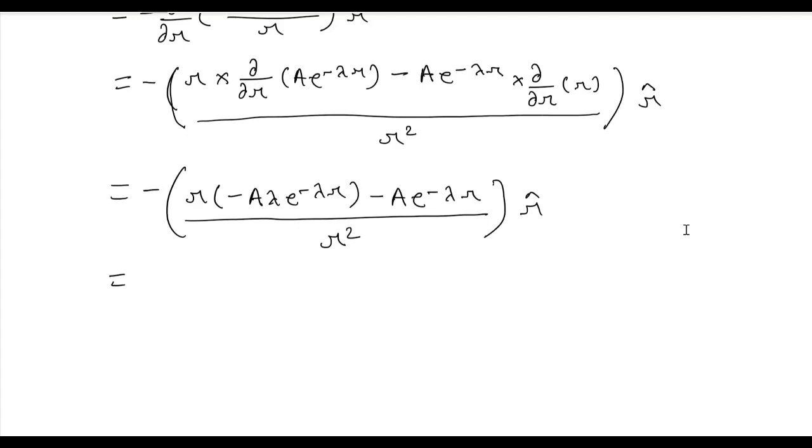We can simplify further by pulling minus A e to the power minus lambda r out of the brackets, and we have A e to the power minus lambda r over r squared times (1 plus lambda r) r hat.